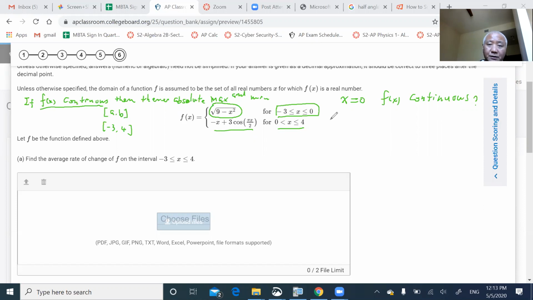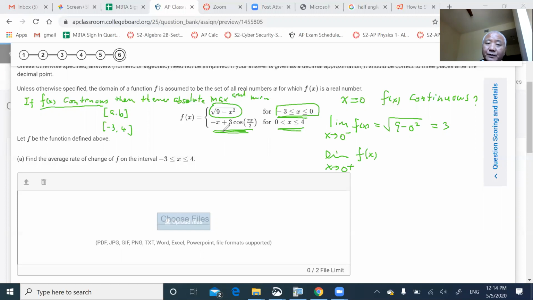I check the limit as x approaches 0 from the left side. From the left side it falls into this interval, so f(x) equals, you plug in 0 here, square root of 9 minus 0 squared, which equals 3. And also we check the limit as x approaches 0 from the right side.